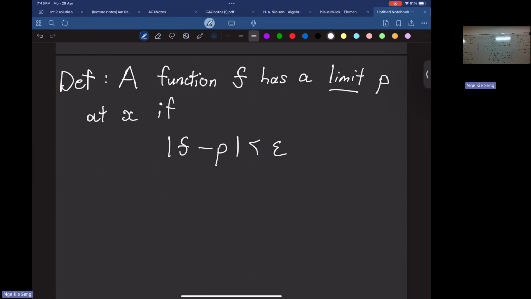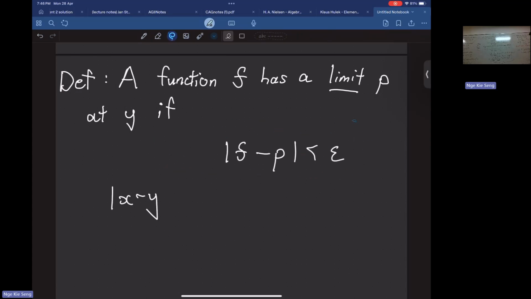Anything else you need to put here? Anything else you want to put here? Absolute value of x minus something else. Okay, in that case, let me change this point to y. x minus y, and then in between 0 and delta.